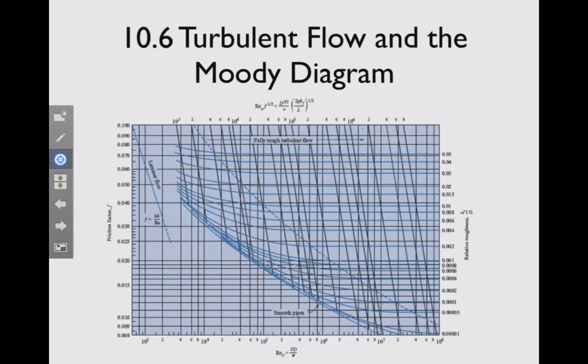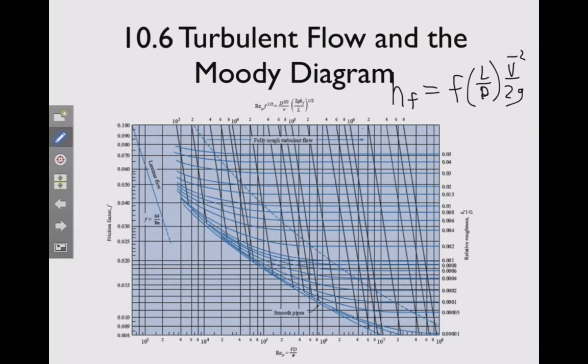So if we're given a set of information here, say the relative roughness or the Reynolds number, we can put a point on here and determine the friction factor. If we have the friction factor, of course, we can find the head loss, because we know that equals this equation right here.